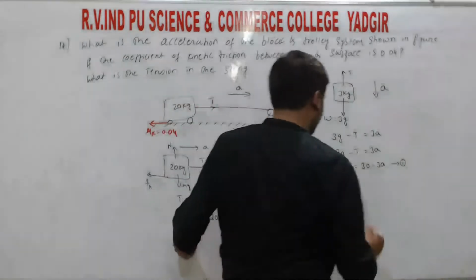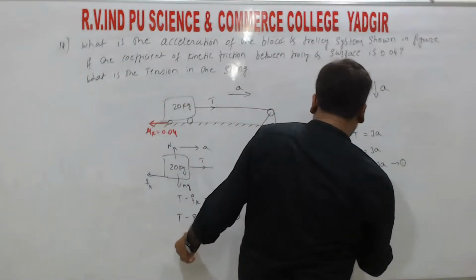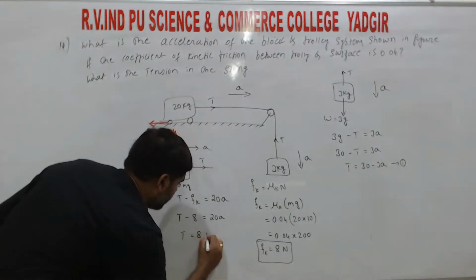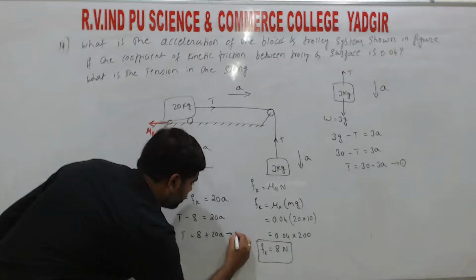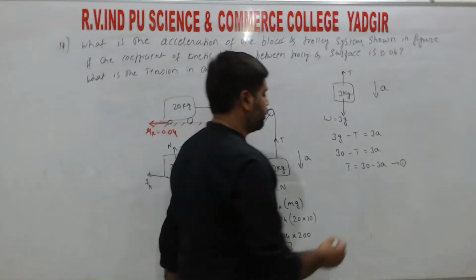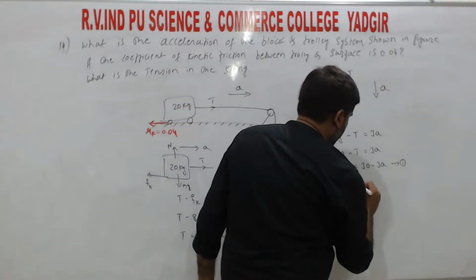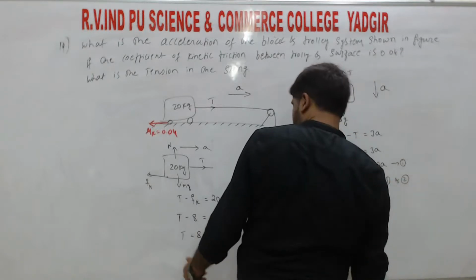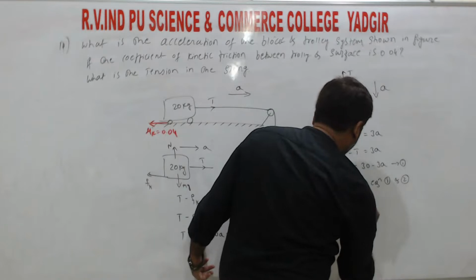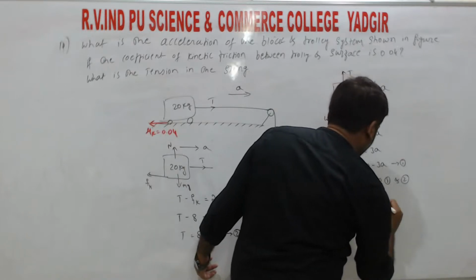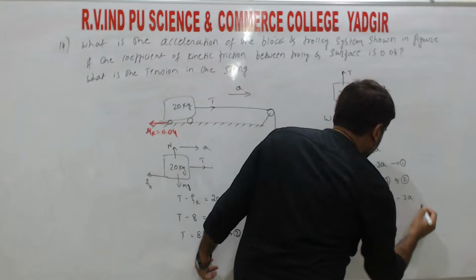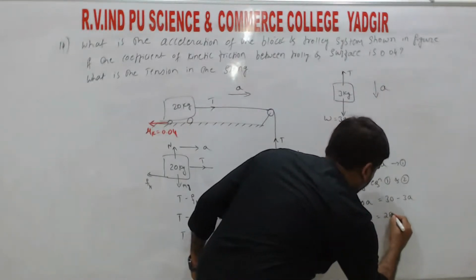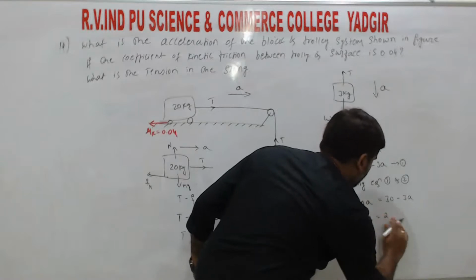So simplifying equations 1 and 2, if we simplify the two equations, we can write T is equal to 8 plus 20a. Solving equations 1 and 2, we can write 8 plus 20a is equal to 30 minus 3a, right? So 23a is equal to 22.